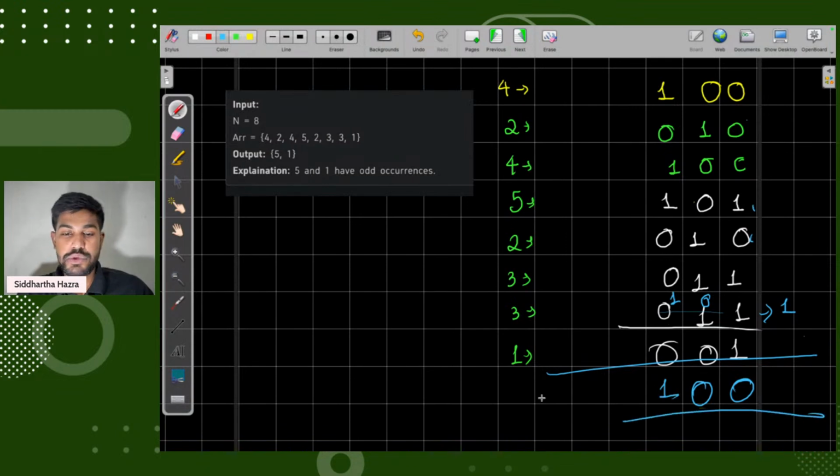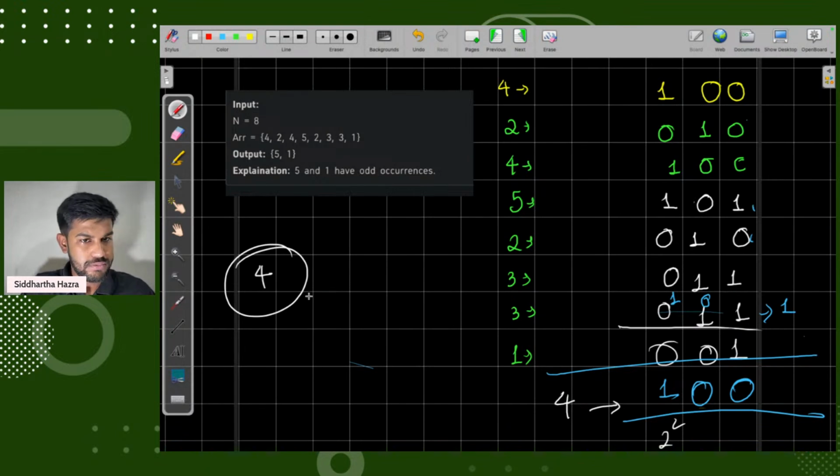So this means that the value is 4, 2 to the power 2. So we are getting the value 4, and this is equal to neither 1 nor 5. So this is not providing us any answer. But as we are doing everything in terms of bits, let us try to see how this is helping us.